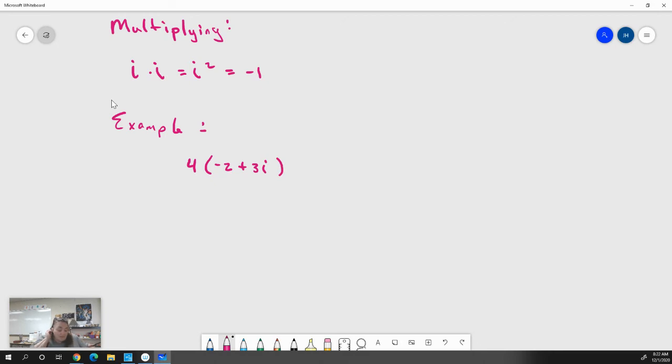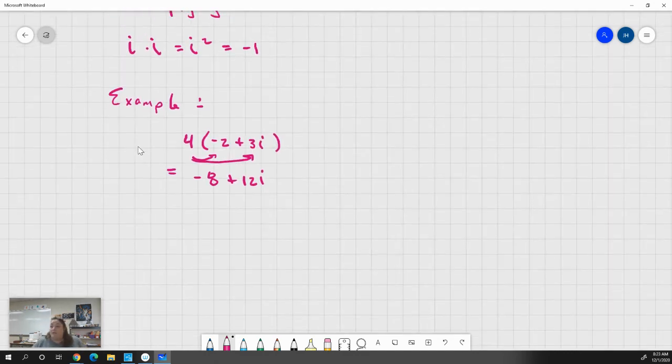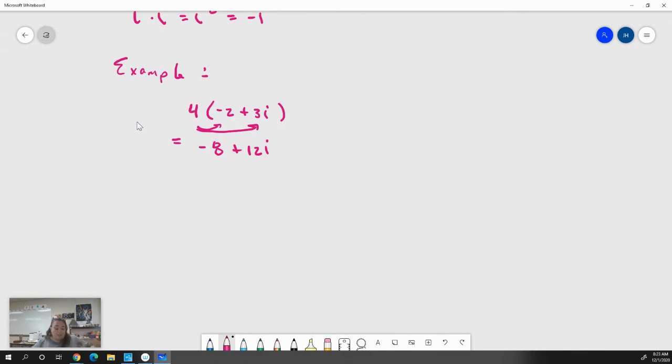We would multiply this just like we would multiply anything else when we're dealing with binomials. We're going to distribute, right? So we would go 4 times negative 2 gives me negative 8, and then 4 times 3i just gives me plus 12i. In this case, we're just going to treat the i like any variable. If we only have one of them, it just stays i, just like any other variable.